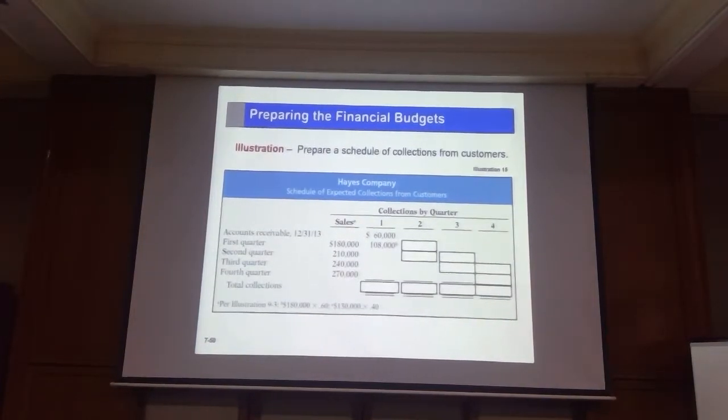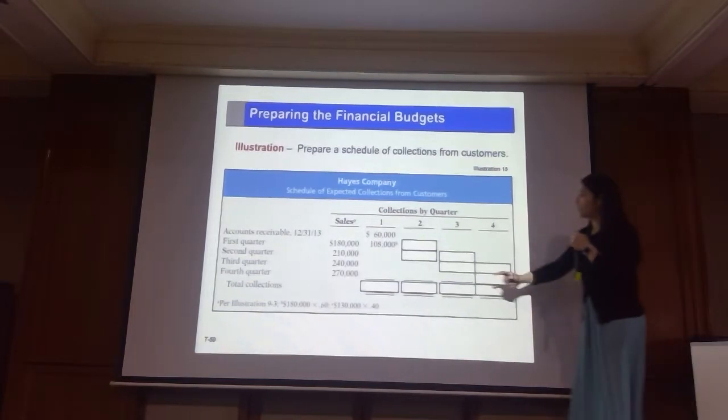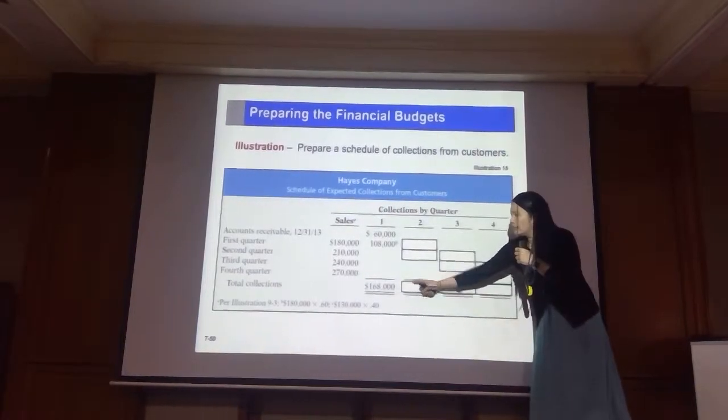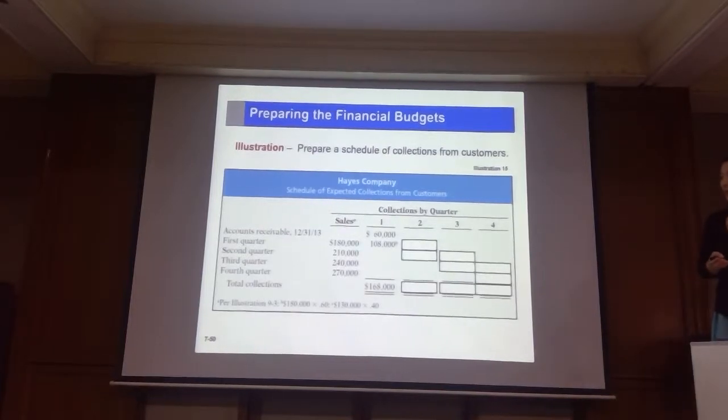From the information given, we know that our customers tend to pay 60% of their purchase within that quarter, okay? So this is the amount that we will receive in the first quarter. As a result, in the first quarter, we will receive cash from our customers equal to 168,000. Okay. So this is the first quarter.